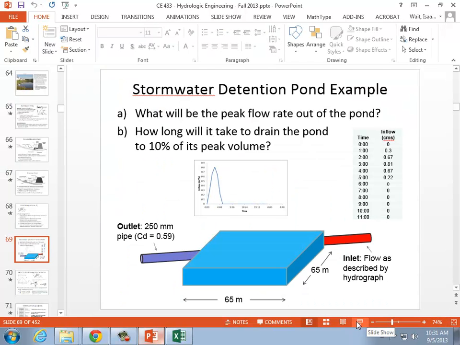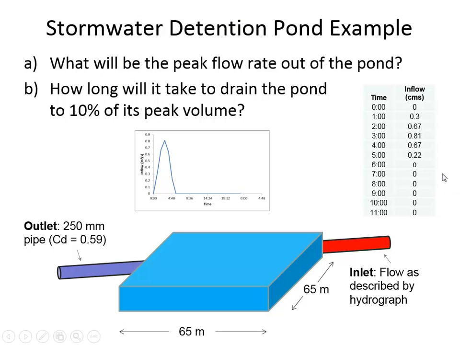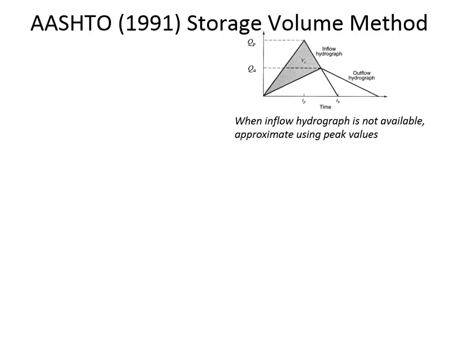The ideal approach is to have a runoff hydrograph showing what's coming into the pond. There's a simplified process AASHTO developed for when you don't have the full hydrograph. If all you know is the peak flow rate, Q sub P, then you assume a triangular hydrograph.